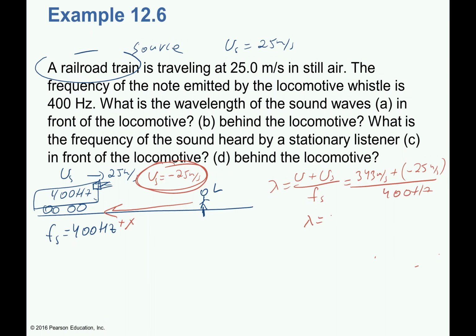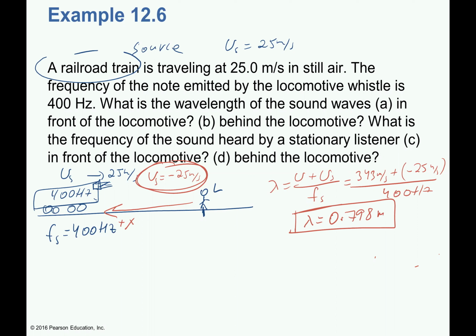The wavelength, then, is 0.798 meters. All right, that means that's the wavelength that the listener will be able to measure.